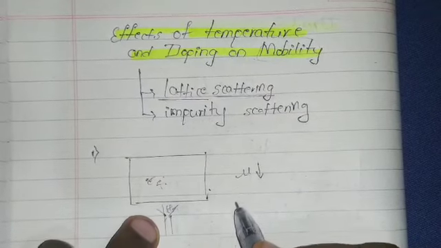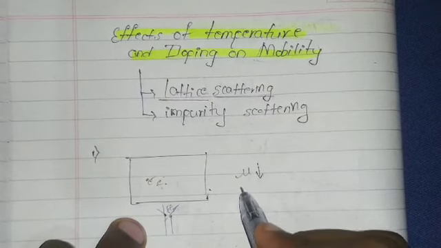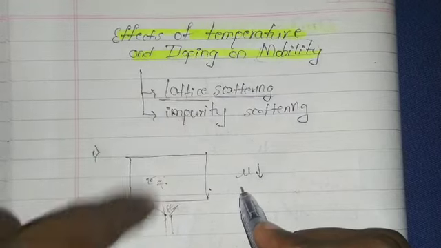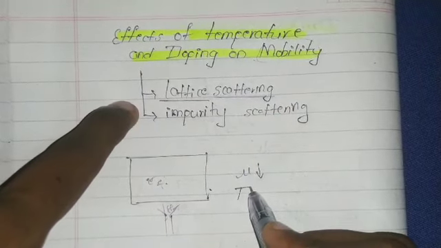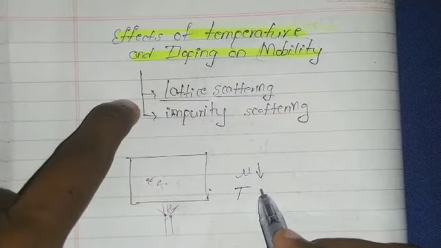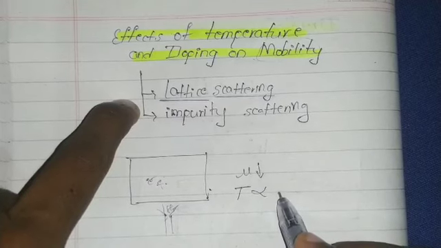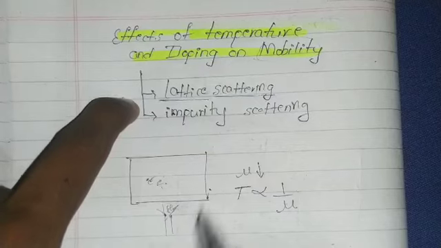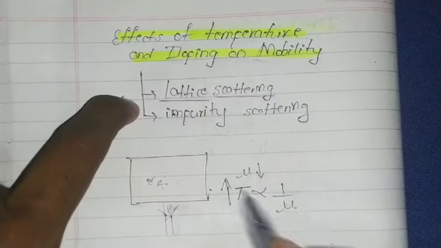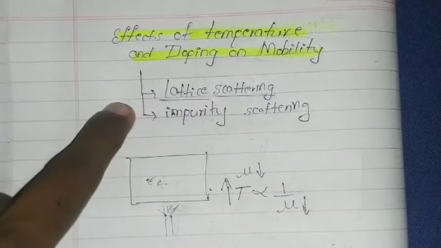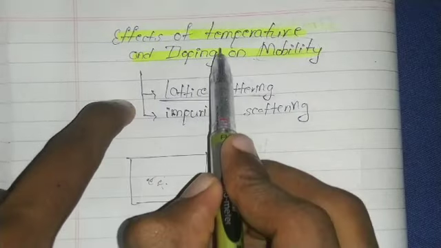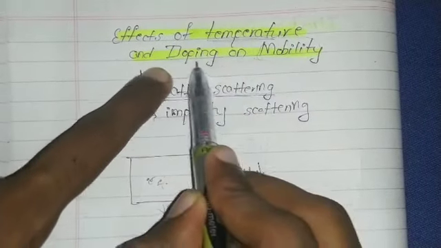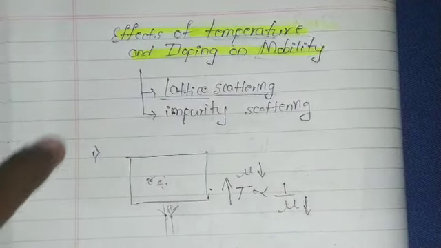So we can write this as, at the higher temperature, T is inversely proportional to the mobility. As the T increases, the mobility decreases. So the temperature affects the mobility.